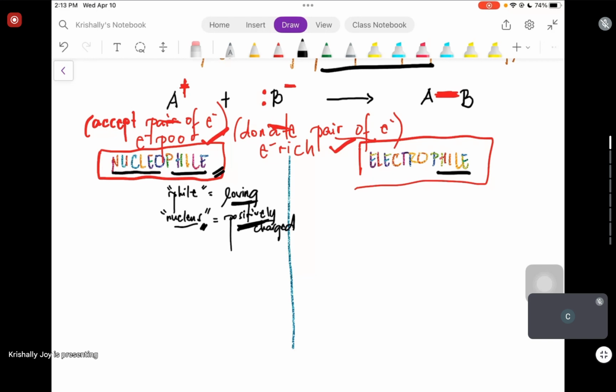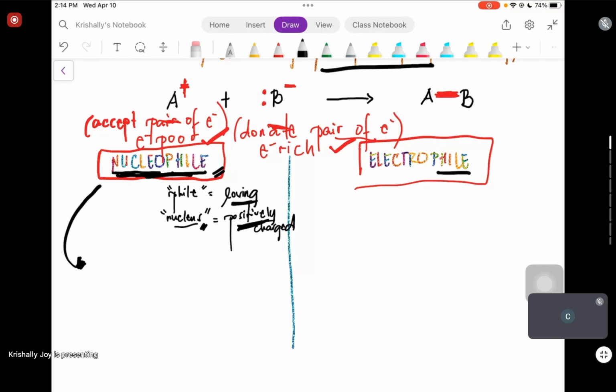Class, if nucleophile means it loves positive, why is it attracted to positive? The nature of a nucleophile, what do you think? Is it naturally negative or positive?